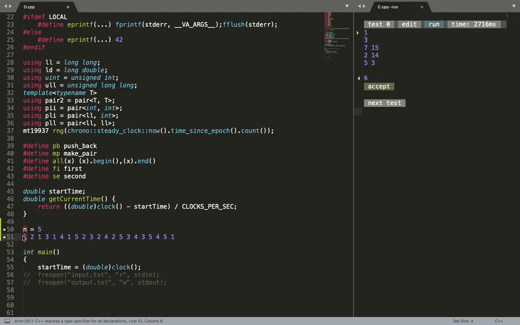Basically we are writing down all the pairs of numbers we can make from numbers from 1 to 5 in lexicographically increasing order: 1 2 1 3 1 4 1 5, then 2 3 2 4 2 5, then 3 4 3 5, 4 5, and then 1.